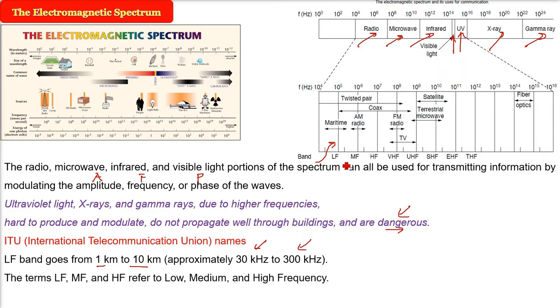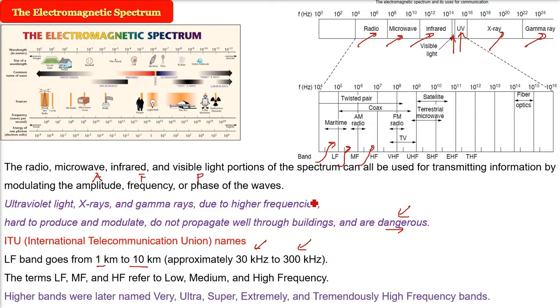Then we have LF for low frequency, MF for medium frequency, HF for high frequency. No one was thinking at that time that higher frequencies would be used for communication purposes. So then came the higher bands like VHF, very high frequency, then ultra high frequency, super high frequency, extremely high frequency, tremendously high frequency.